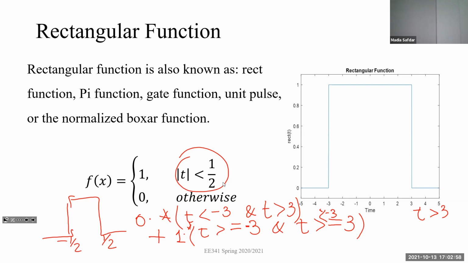You can put -3, you can make it 5. And for half, this is 3.